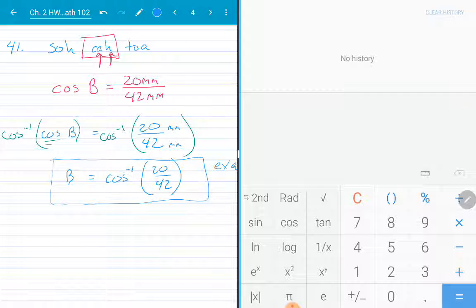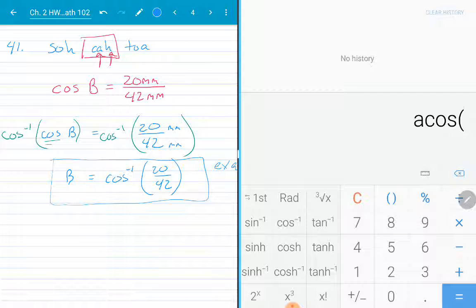Some calculators you put the inside first and then say cosine. So I hit second and then cosine inverse, and arccosine means the same thing as cosine inverse.